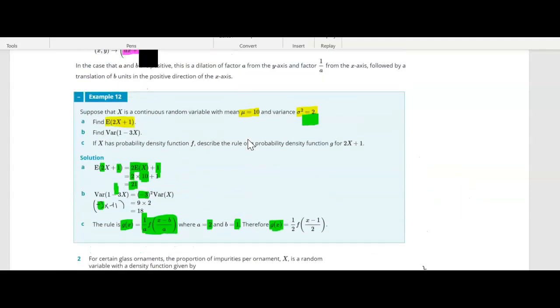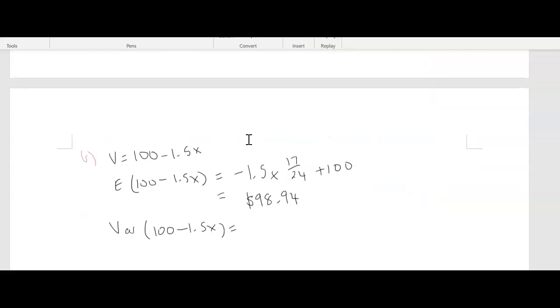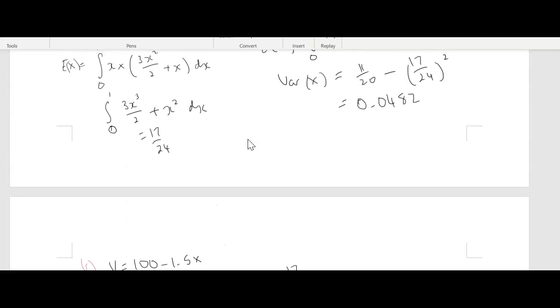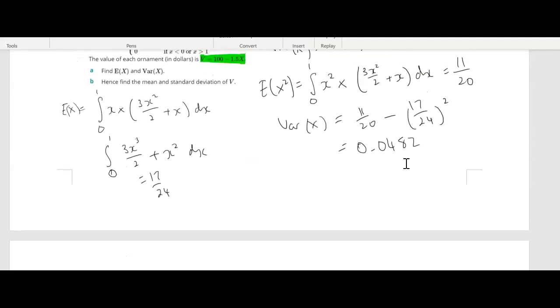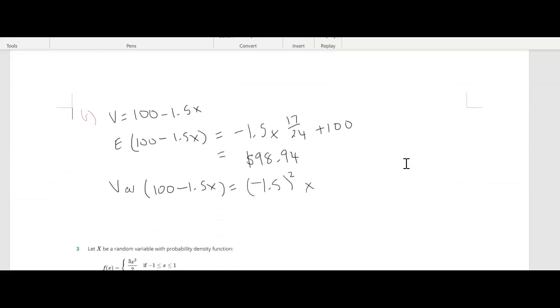So if we just go back to the rule up here, with the variance, we're just doing a squared times variance. So a being the coefficient of x, so negative 1.5, times your variance, which we worked out before. I'll just leave it as its decimal value, so 0.0482.